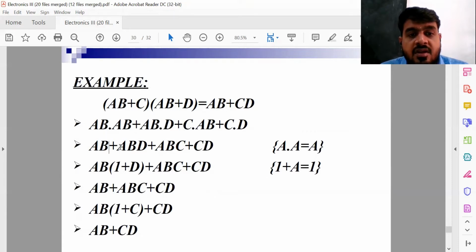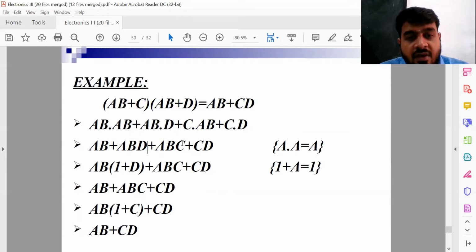ABD, let it be ABD. Then we write ABC and CD. Now what is common between these two terms? AB. Let's take AB out, so it will remain 1 plus D.